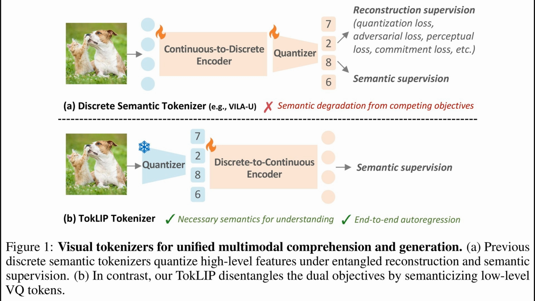Now, the bottom diagram shows the TokLIP way. It separates these jobs. First, a simple pre-existing tokenizer, what the paper calls a vector-quantized tokenizer, handles the basic image breakdown. Then, a separate encoder is trained purely for semantic supervision, which is just for understanding the image's meaning. This disentanglement is the key to its success.